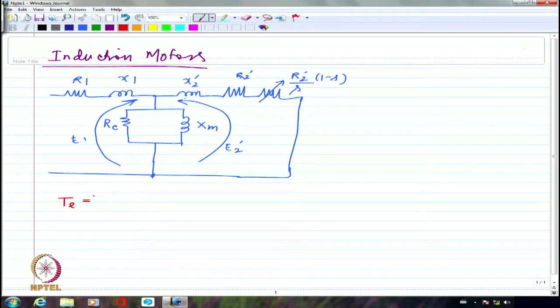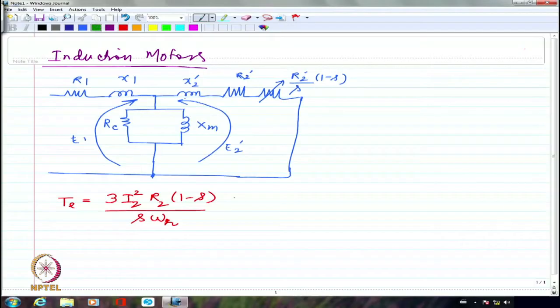If you may recall, we said that it is 3 I2 square R2 multiplied by 1 minus S by S omega S. Sorry, omega R. And then we crossed out omega R, and wrote it as 1 minus S times omega S. So we could remove the 1 minus S from the numerator as well.